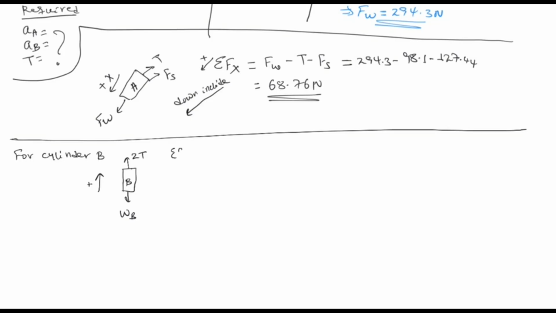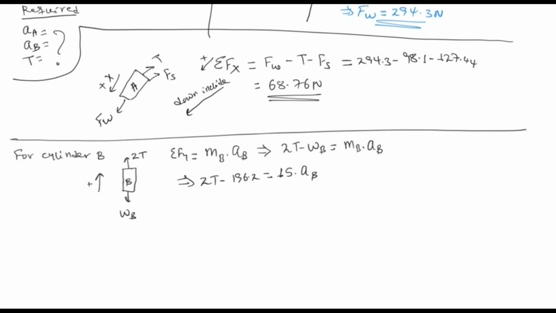So the summation of forces in the y direction is equal to mass of B times acceleration of B. This implies that 2T minus WB equals mass of B times acceleration of B. Substituting the numerical values, we get 2T minus WB, which is 196.2, equals mass of B, which is 15, times acceleration of B.